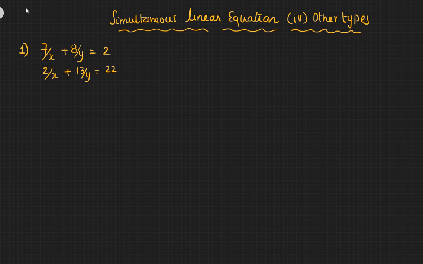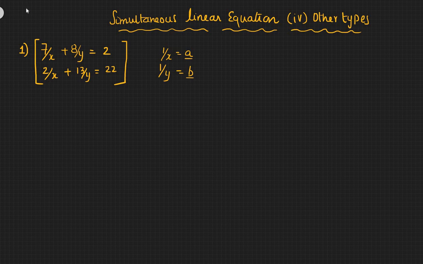So this is a simultaneous linear equation that we need to solve. And this doesn't look familiar because you have a variable in the denominator. So what you do in such a situation is you assume that 1 by x is a and 1 by y is b, where a and b are also variables.